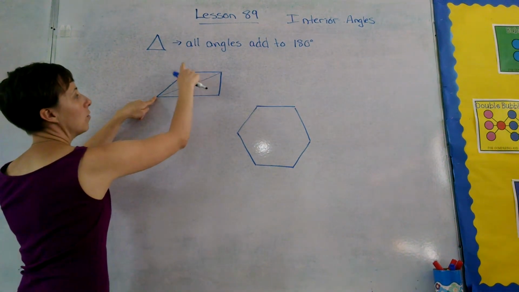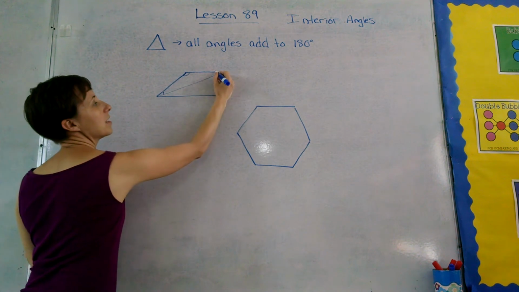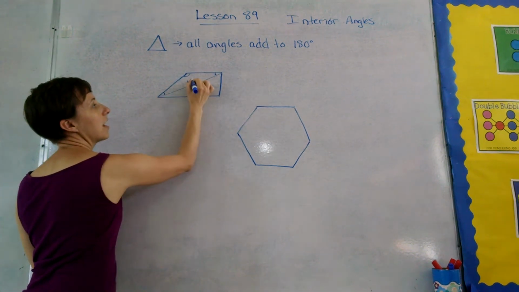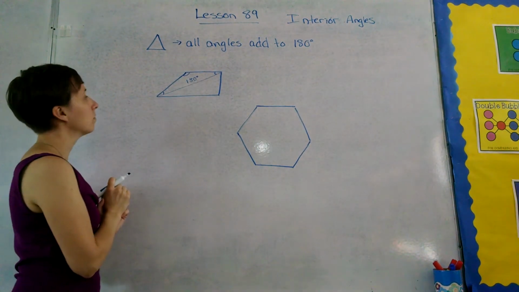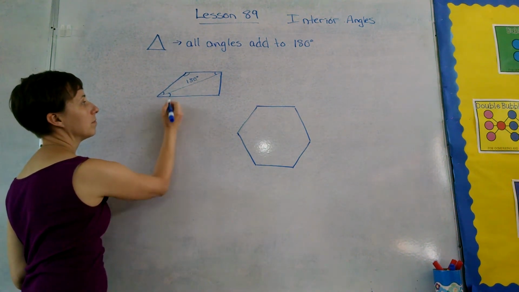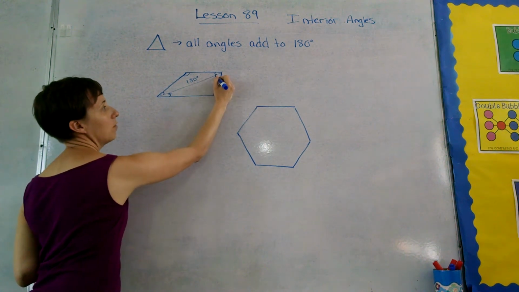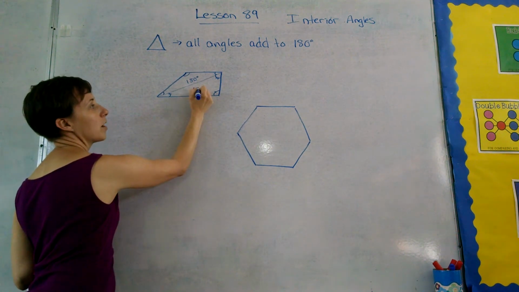For this triangle, I know that this angle plus this angle plus that angle equal 180 degrees. Here's another triangle. I know that this angle plus this angle plus this angle also add up to 180 degrees.